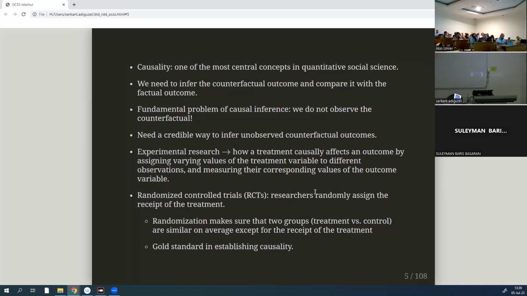In an experimental setting, you solve this fundamental problem of causal inference. Why? Because if you randomly assign this treatment, which is the training, the groups are going to be comparable. Randomization ensures that treatment and control groups are comparable, except for one thing, which is the treatment assignment.